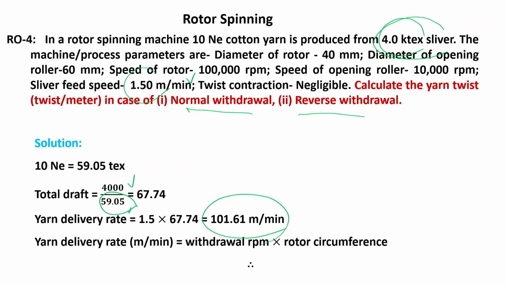So, yarn delivery rate and withdrawal RPM we can correlate. Withdrawal RPM multiplied by rotor circumference is the yarn delivery speed.